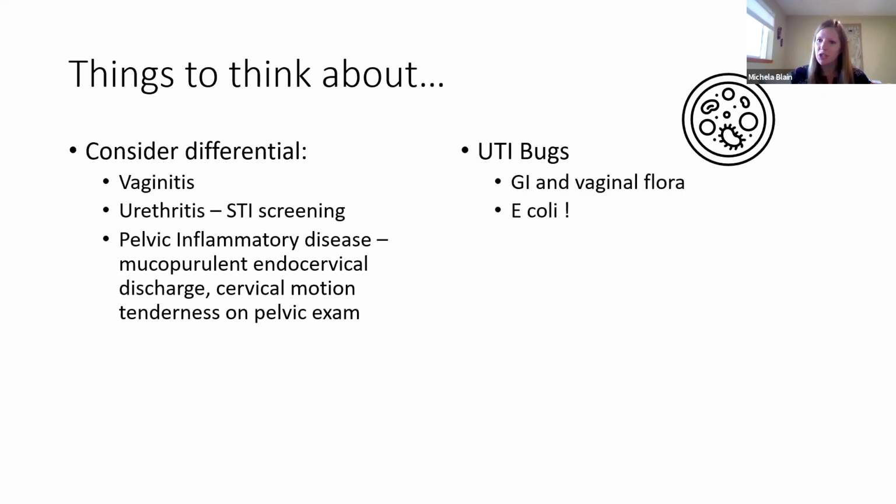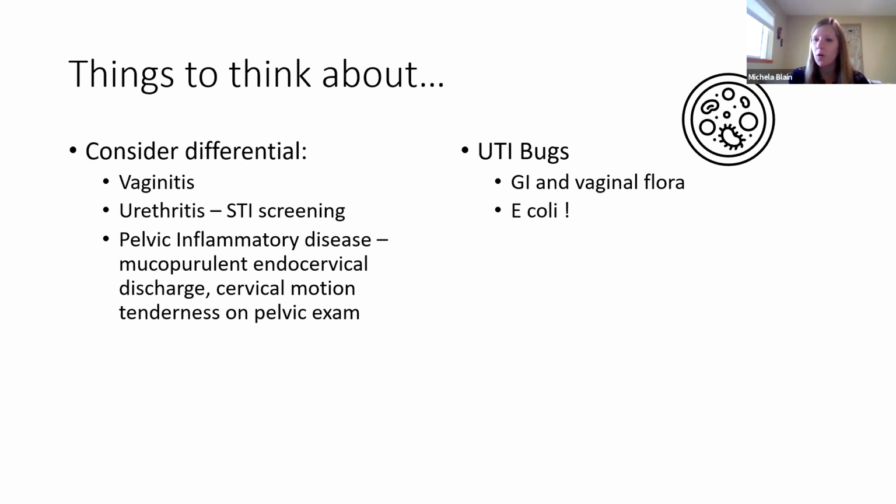Anytime we're moving into treatment, and this is for all ID, we like to think about what organisms we're trying to cover before we just quickly choose an antibiotic. UTIs are far and away caused by the GI bugs, especially the bacteria of the vaginal flora.